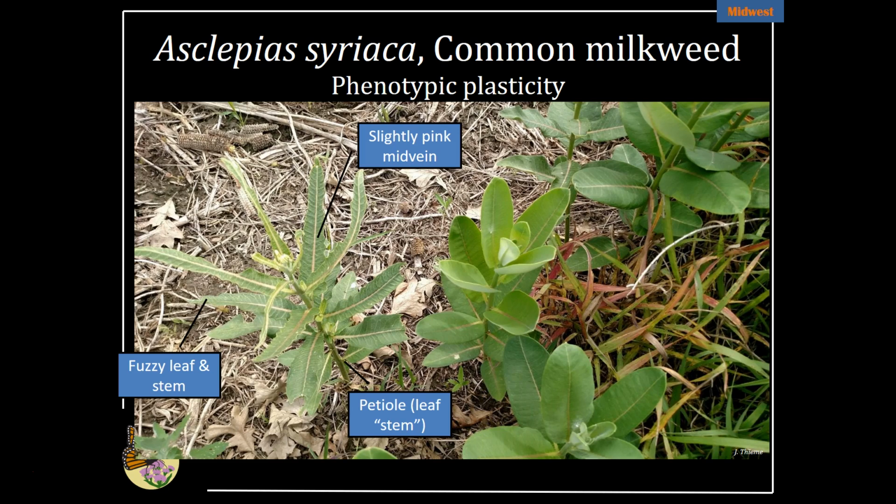Here's an example of two common milkweeds at the edge of an agricultural field. Note that even though the plant on the left no longer has the characteristic oval leaf shape, it still has the slightly pink midvein, the fuzzy leaves and stem, and a petiole attaching the leaf to the stem. The plant to its right is a more typical example of common milkweed.